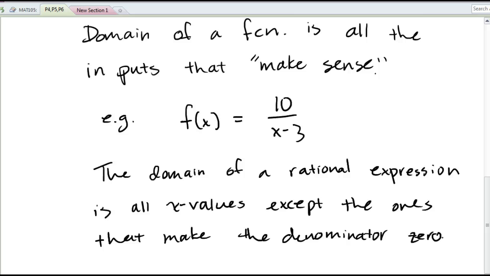And the reason for that is division by 0 is undefined. So we want to have something that is actually a defined operation.